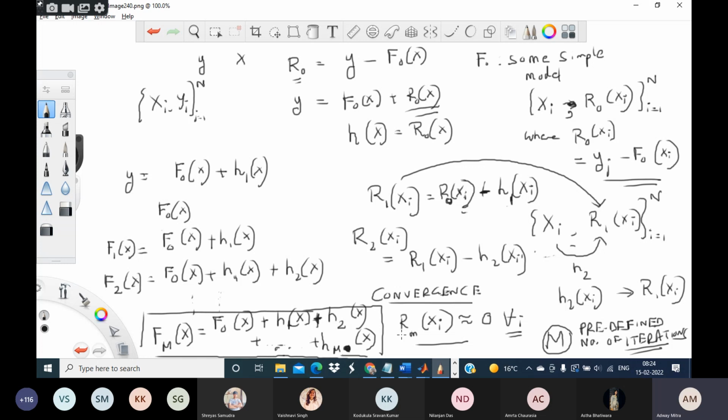But there are practical reasons why we do not do it exactly in this way. Finding a function h that minimizes the residuals may often be a difficult task.